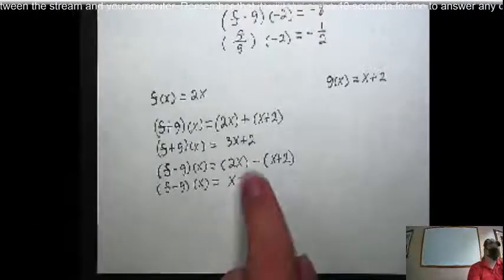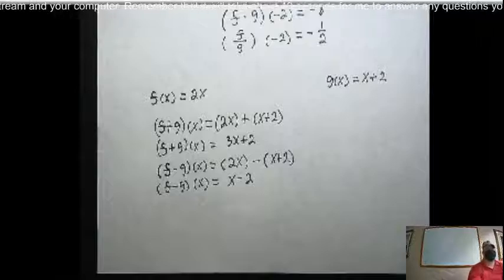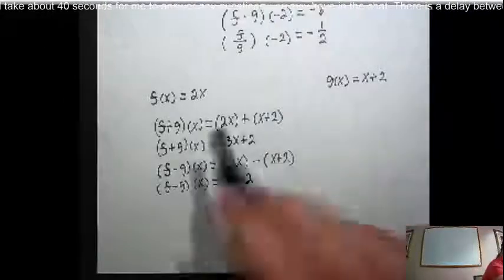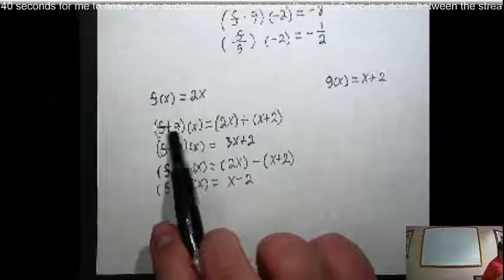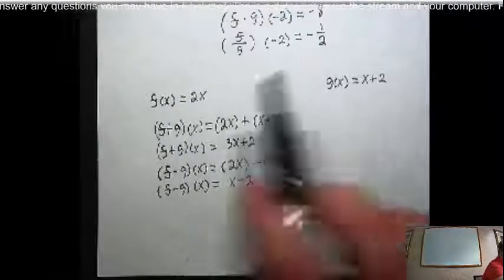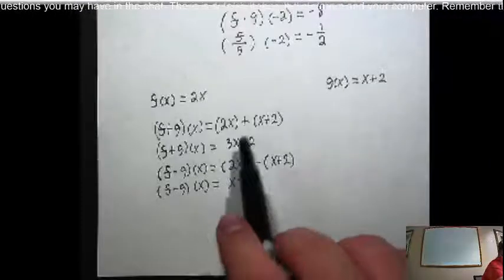What does start to matter is subtraction. 2 minus 5 is not the same thing as 5 minus 2. So here we can say that if we get f plus g, and it comes out to be this, that would be the same as g plus f.